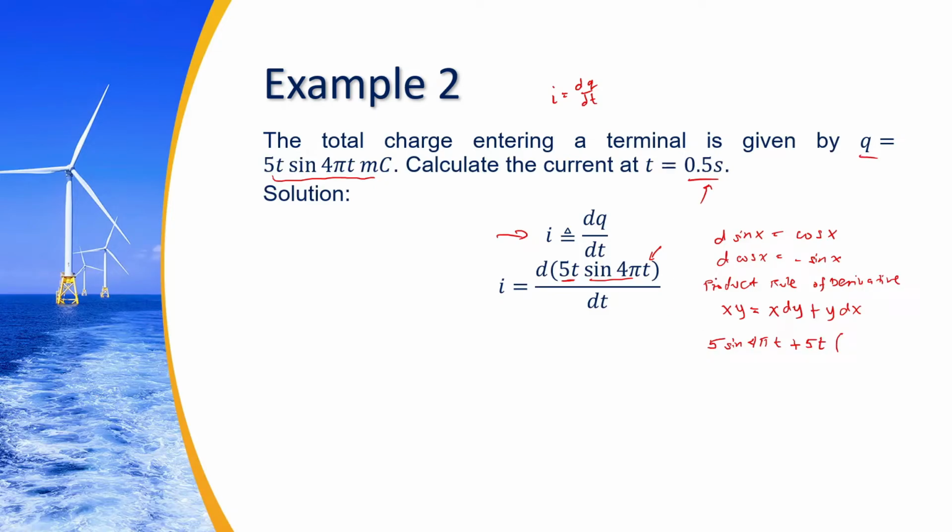Ngayon, anong derivative ng sine natin? Di ba? Cosine. So, cosine yung lagay mo diyan. Kaso, hindi pa nagtatapos, kasi meron pa tayong derivative ng nasa loob. I-derivative daw natin itong 4 pi t in terms of t. Ang sagot diyan is 4 pi, just a constant na lang.